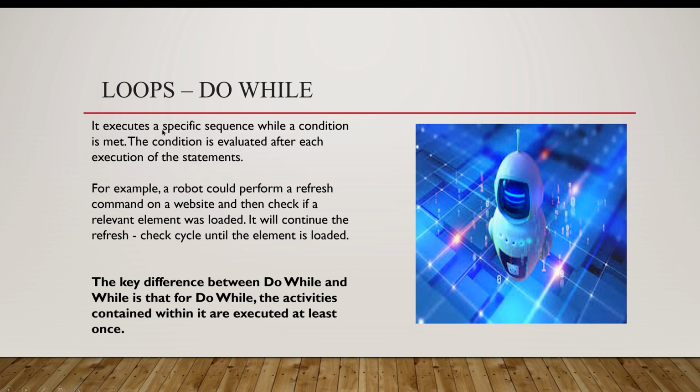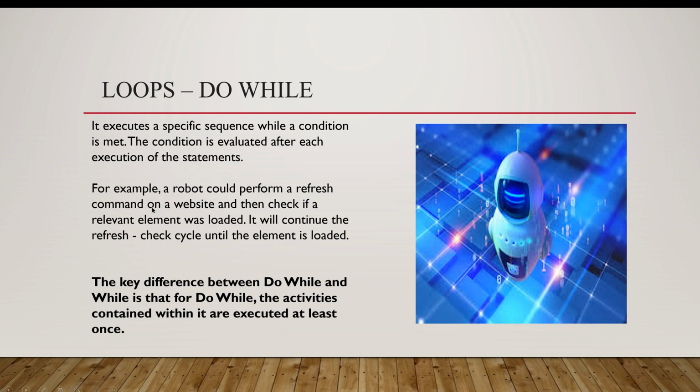That's it. So it is going to execute a specific sequence, in the sense that in the sequence we are going to add multiple activities to perform some job, right? To perform a process. So we are asking the bot to execute a specific sequence while a condition is met. Simple as such, right? So now let us see the example.